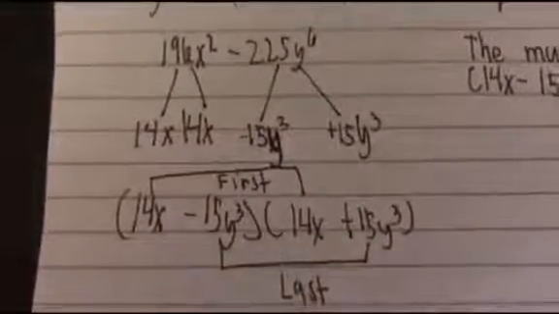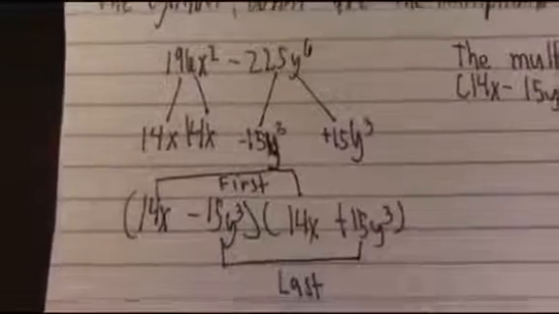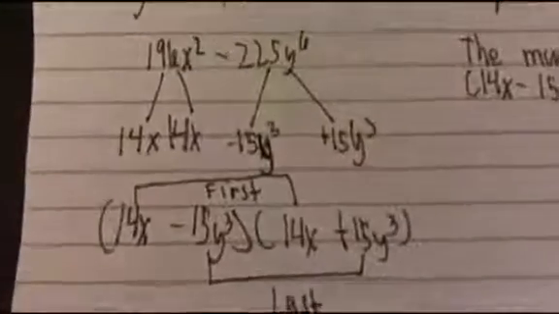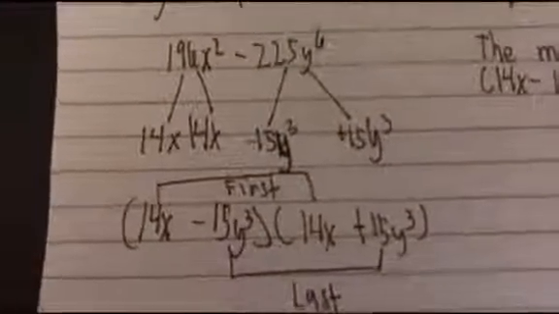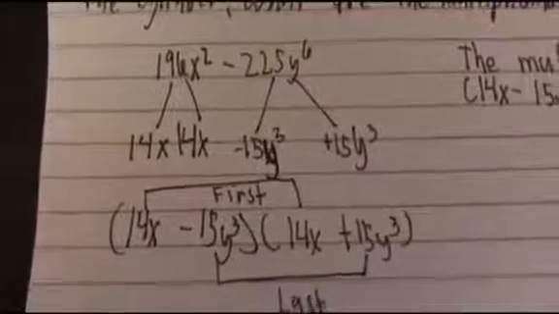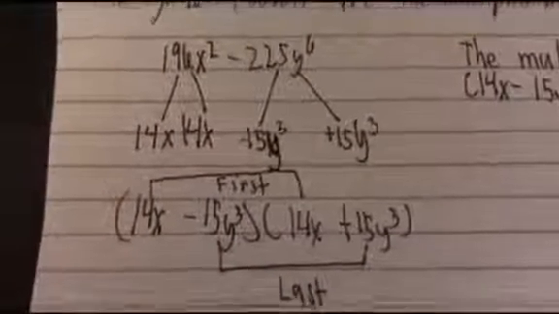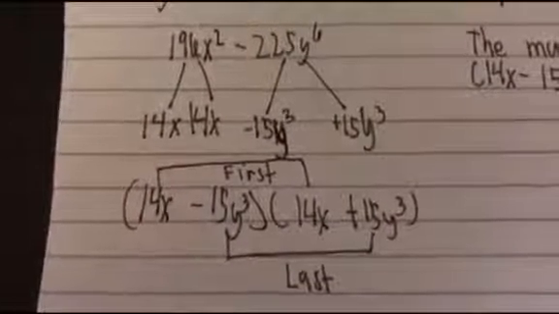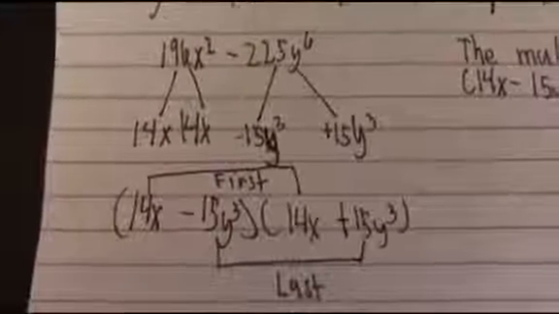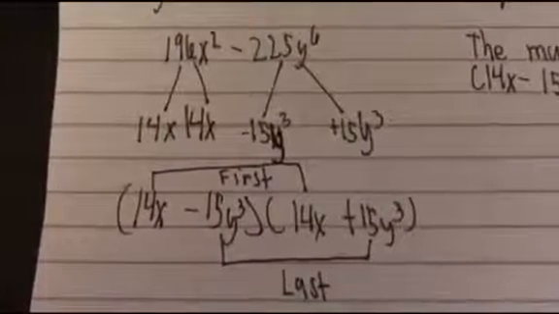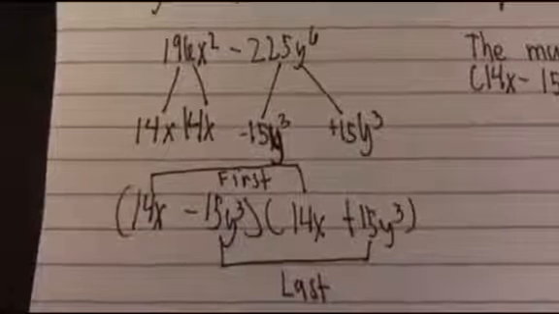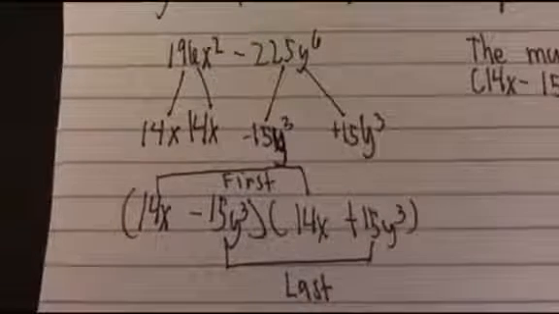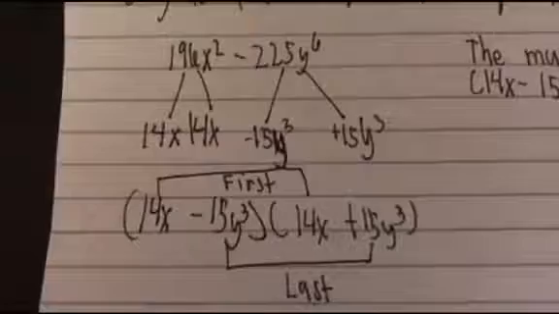After that, let us combine each term from both sides: 14x minus 15y cubed and 14x plus 15y cubed. If we are to check it, let us only multiply the first and last terms, which are 14x times 14x, and negative 15y cubed times positive 15y cubed.